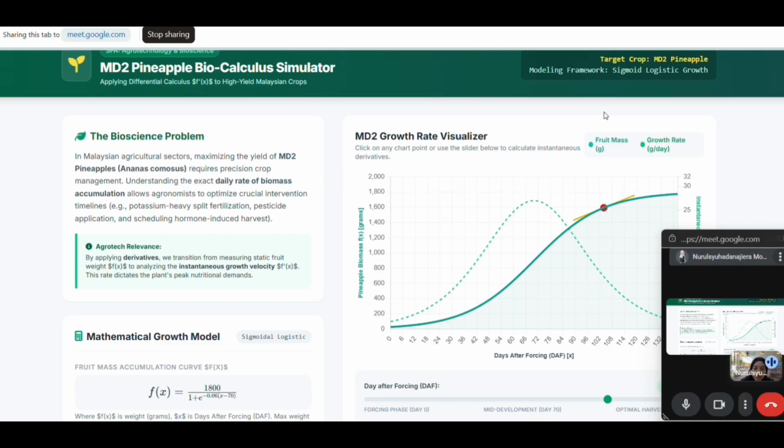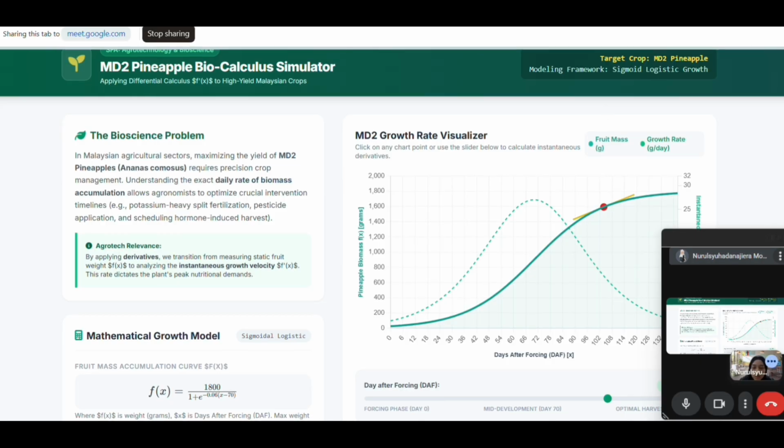If we can add drop-down menus or input boxes, which users can select high fertilizer or low rainfall, the calculus equation can adjust automatically. This will make the simulator much more useful for real farmers in the field.